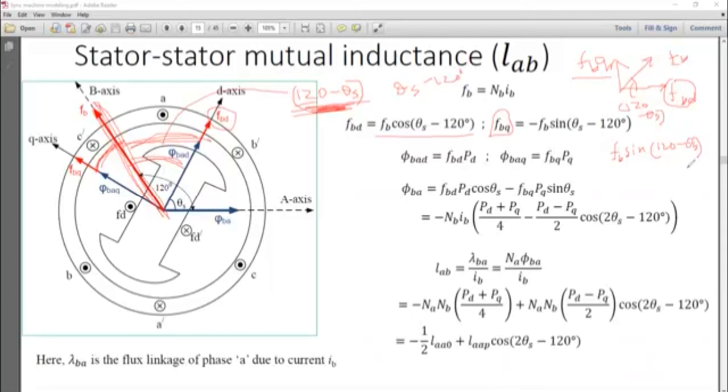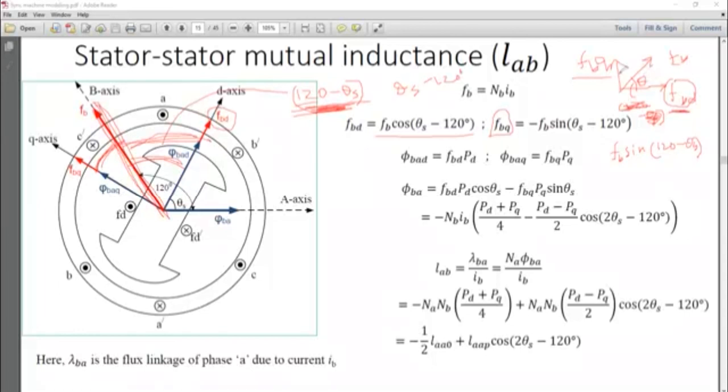You have a phasor, a vector, and you want to calculate the components. Forget about the 120 minus theta. Just say this is theta. What should be FBD? FB cosine theta.